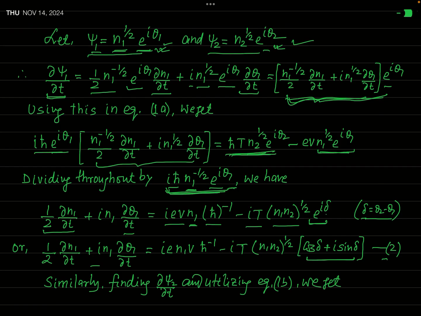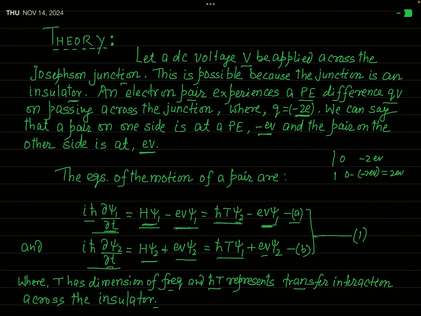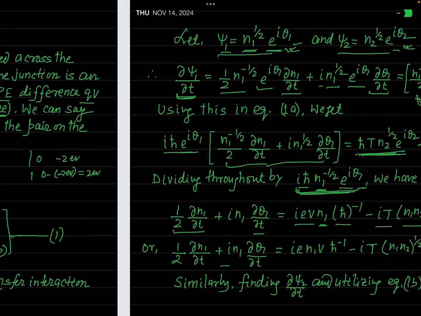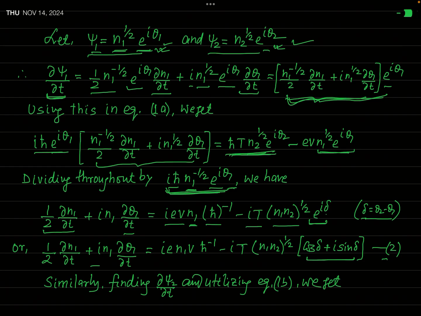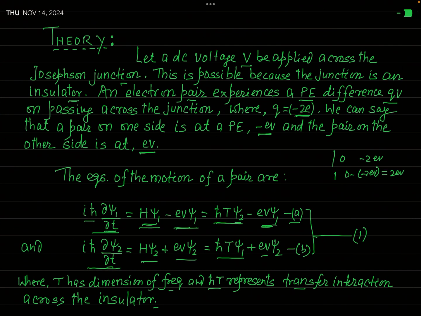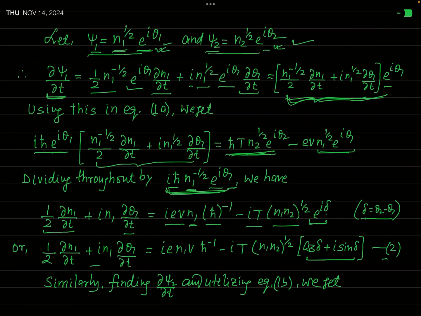Now on the same line, as you differentiated ψ1 with respect to t and then used this result in equation 1a, similarly, when we differentiate this ψ2 with respect to t partially and substitute that value in equation 1b, a result like the result defined in equation 2 will be obtained.